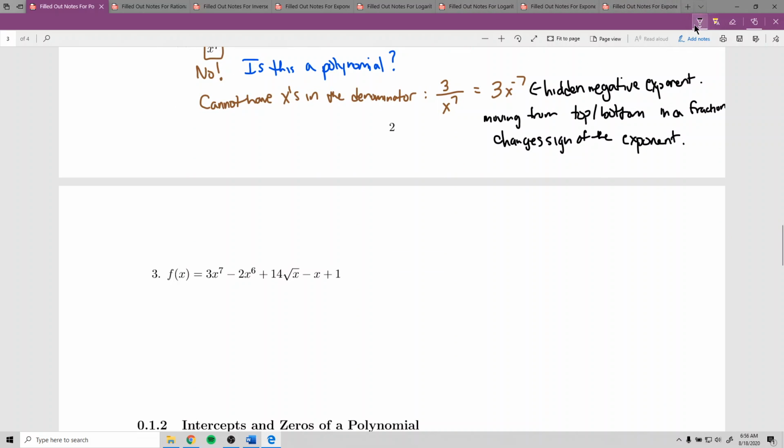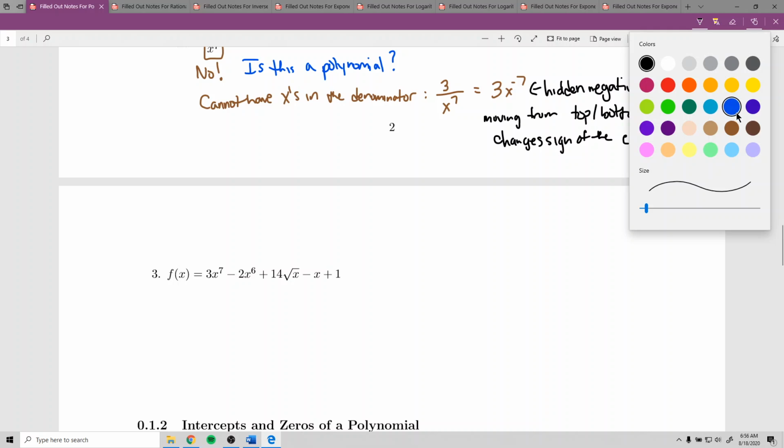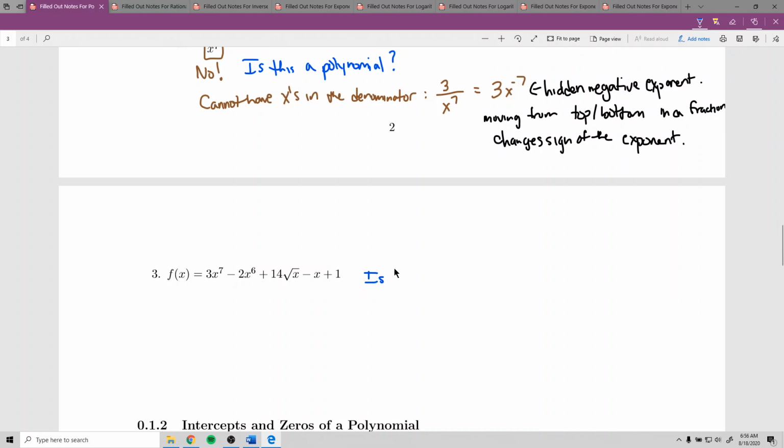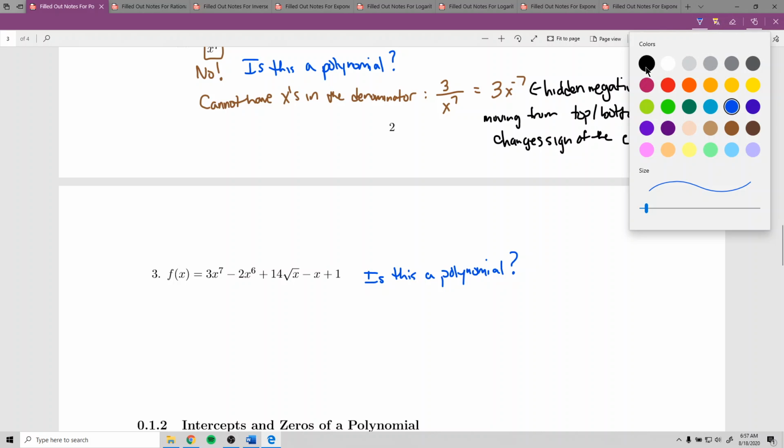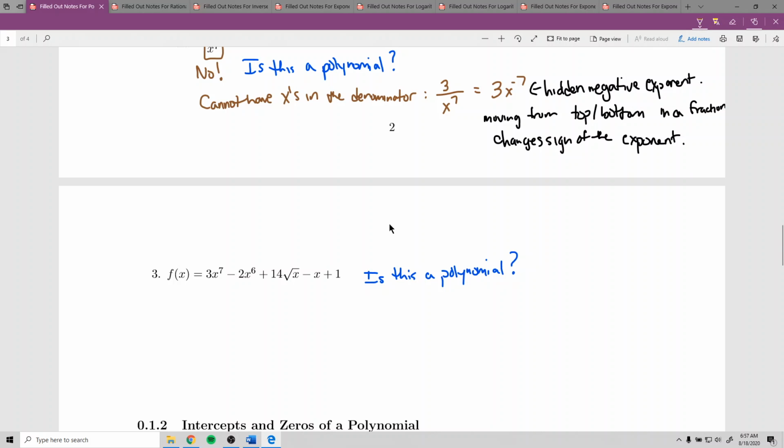And then the last one here that I have, is this a polynomial? Because once again, none of these questions make sense. Degree, leading coefficient, constant term, unless you have a polynomial. And if you go through, the first two terms are fine, the last two terms are fine, but you cannot have a radical.